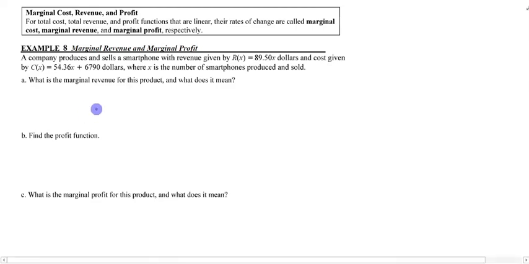So we have the R of x function here. Remember, the rate of change is the marginal revenue. So the rate of change is the coefficient of the x. So marginal revenue is $89.50.